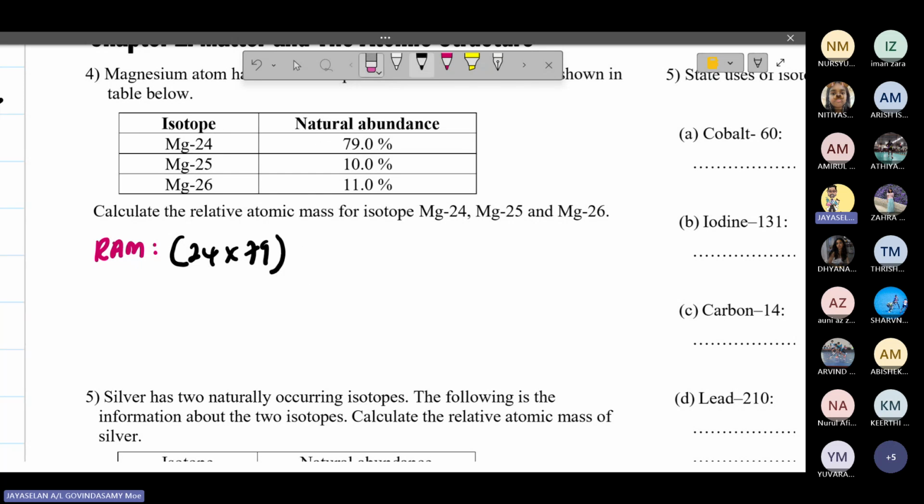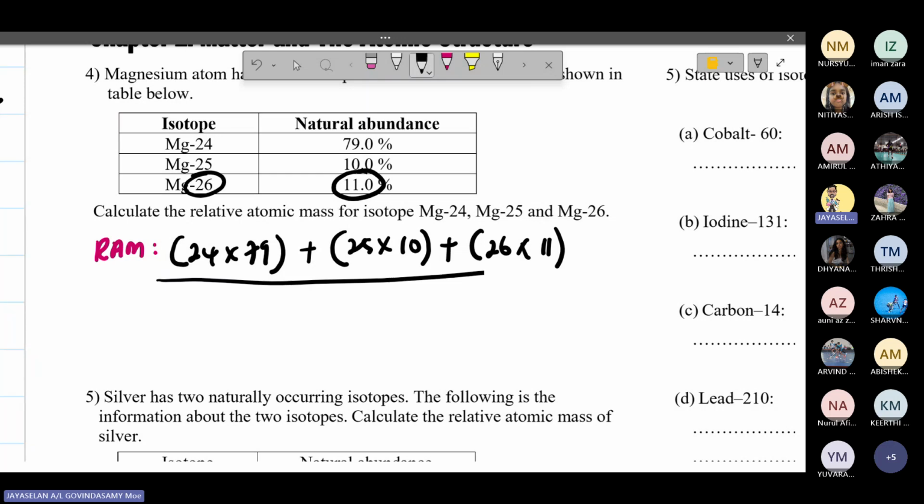Then second isotope, what do you do? Plus. Open bracket. What is the nucleon number? 25. Times with what is the number of percentage? 10. Plus I go for third isotope. Third isotope, the nucleon number is 26 times with the number of percentage 11. Divide with total percentage. Ini total percentage 79 tambah 10 tambah 11, 100 percentage.